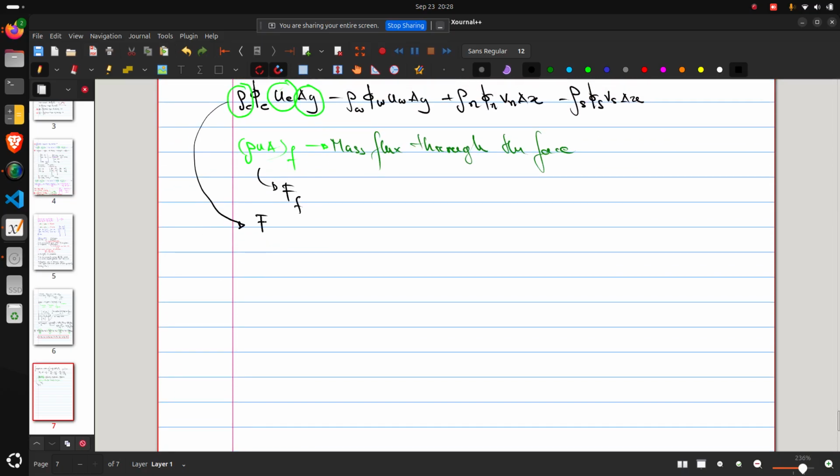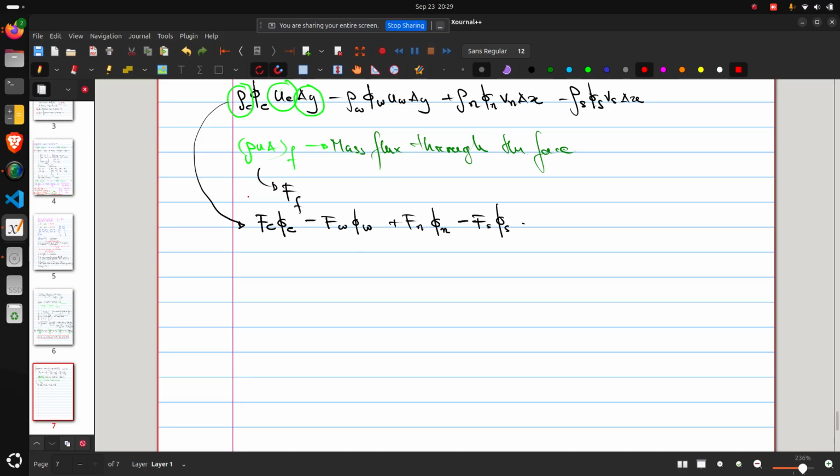So F e phi e, and make sure you have the correct indices. This will be small n, because this is for the face values, and F s, small s, phi small s.